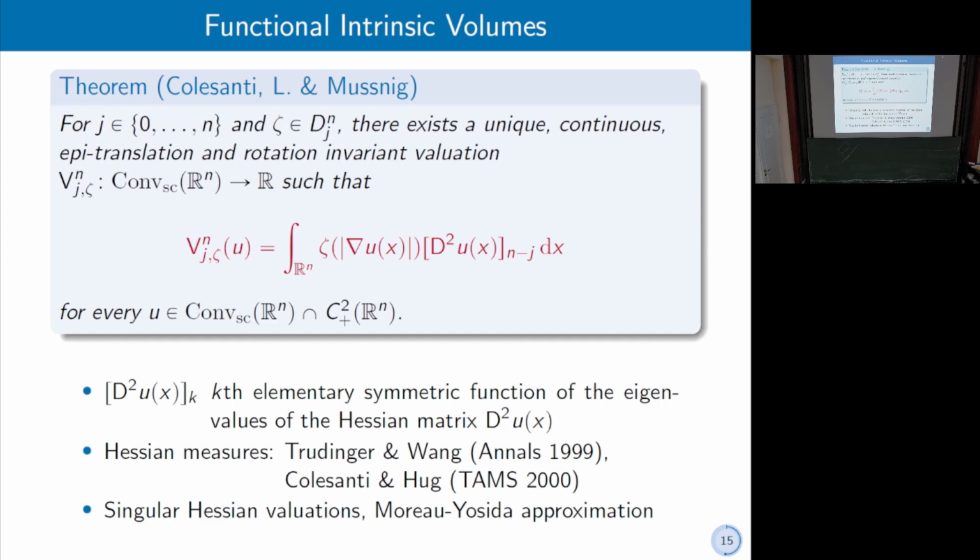And what we showed is that you can extend this definition to a valuation that's defined on all convex functions, super-coercive convex functions. And this extension is still continuous, epi-translation and rotation invariant. So this is what we want to call functional intrinsic volumes.